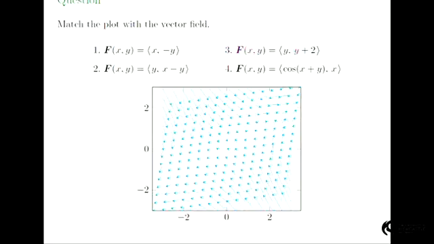Here's another one. And we can rule out 3, because we've already used it. Well, you tell me. Which one is it? And then tell me your reasoning. Well, what I see here is that on the x equals y line, you're always moving in that direction. 2.